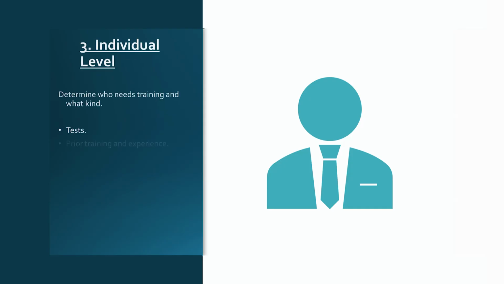And third, at the individual level, we determine who needs training and what kind. Through tests, prior training experience, performance review and career assessment, we get to know who requires training and who is fit enough to move to the next level.